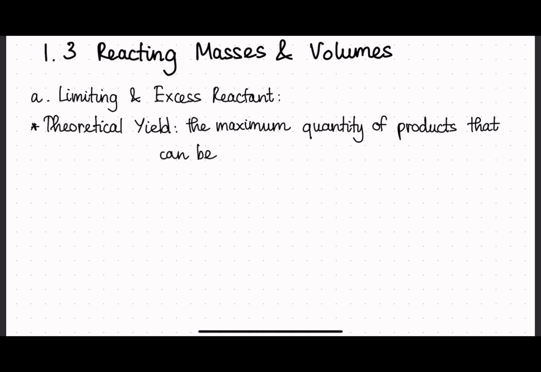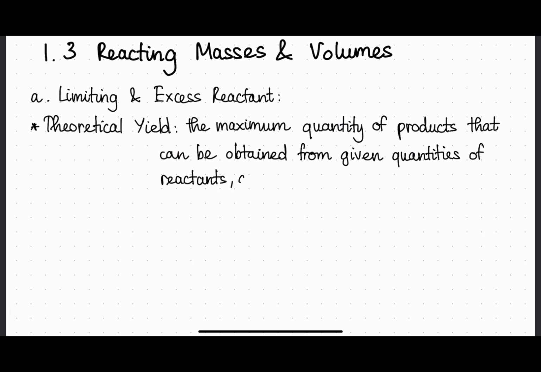So this means when a reaction happens, theoretically or on paper, we're supposed to get this much amount of product, but in real life we don't really get that because of practical issues, equipment problems, or just the procedures alone. We can't really get 100% efficiency.